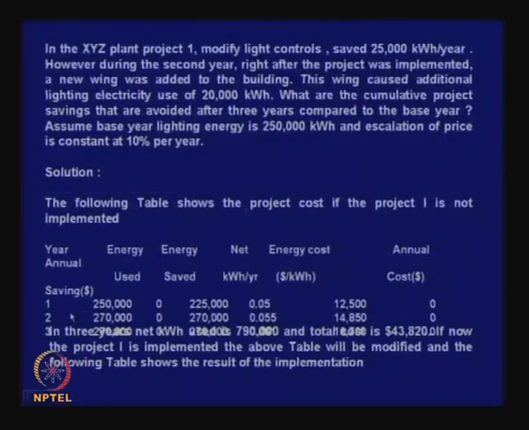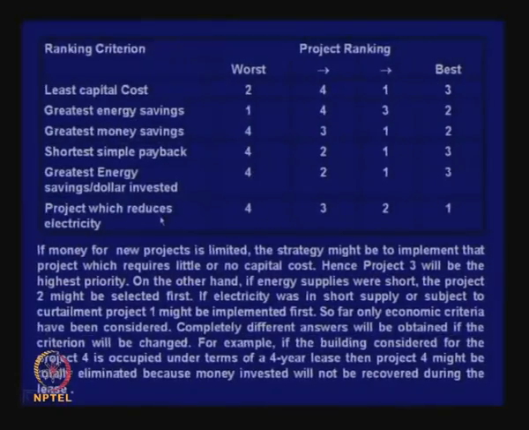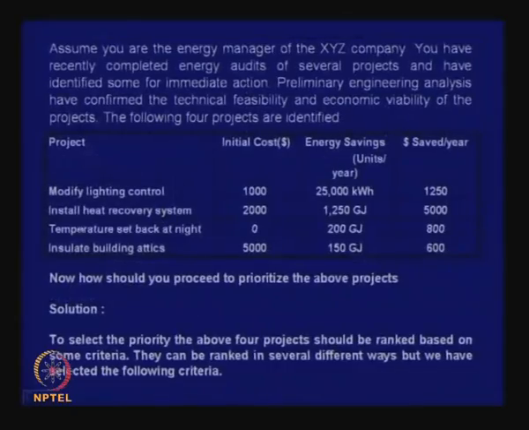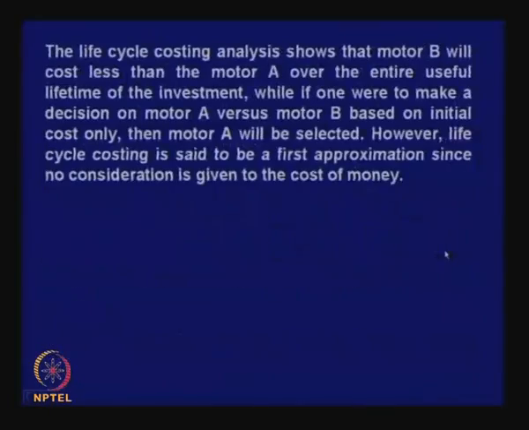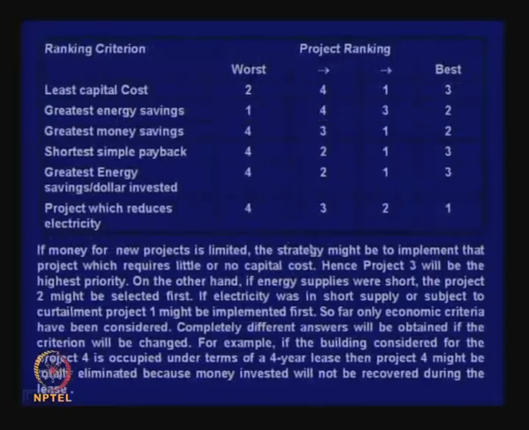See this, insulation costs very little, so the project ranking will be like this, the best will be 3, then 1, then 4 and 2 in terms of least capital cost.